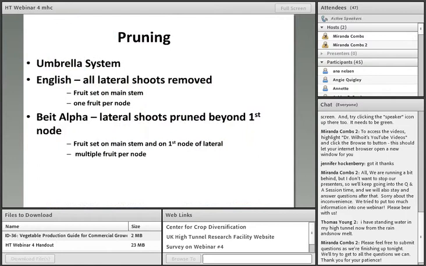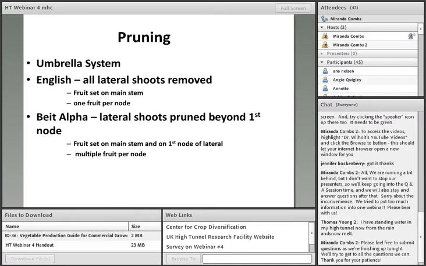Briefly talk about the pruning system. Utilize an umbrella system, and essentially once this is trellised up a string, you start letting some of the lateral shoots growing down. In the English system, all the lateral shoots are removed as you would in an indeterminate tomato system. You're only setting fruit on the main stem. The beta alpha types, you're actually letting lateral shoots develop, but you're pruning them after the first node.